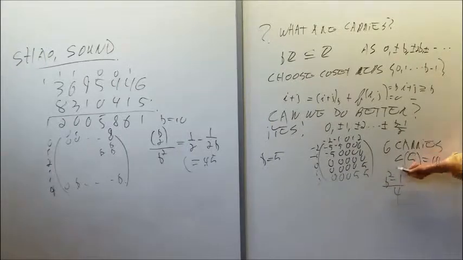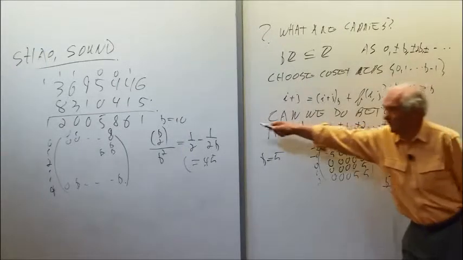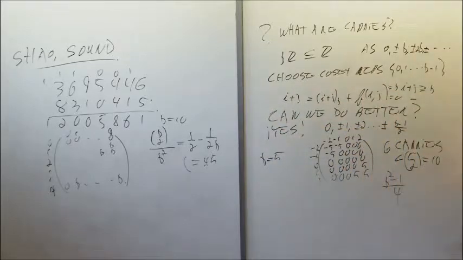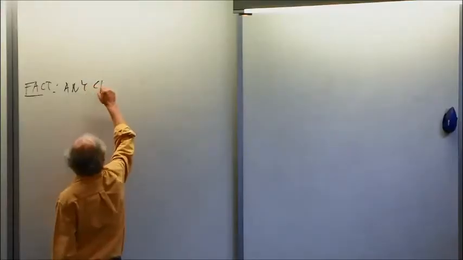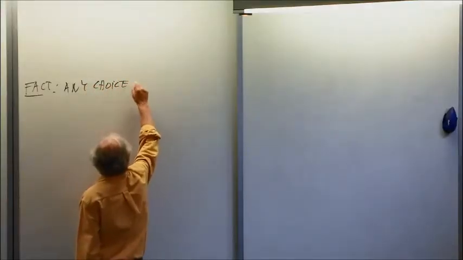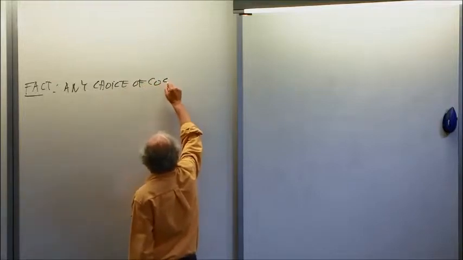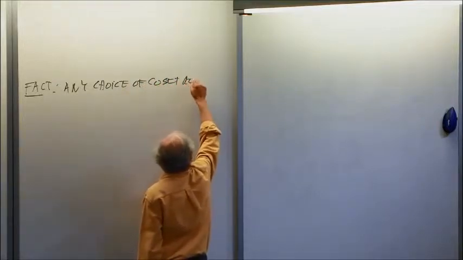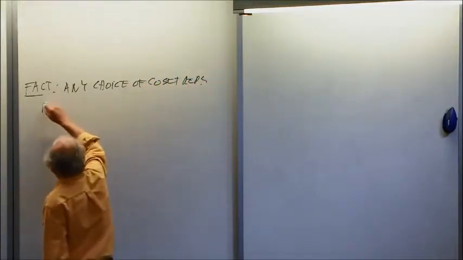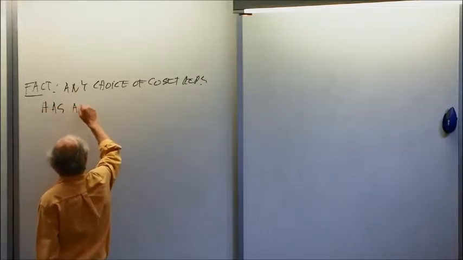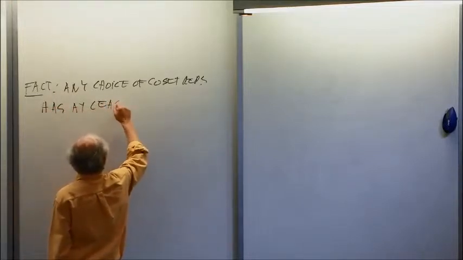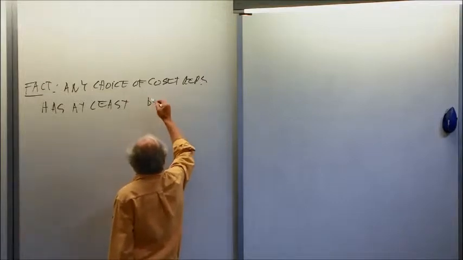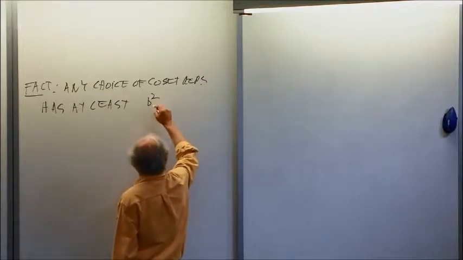And so that's about half of b choose 2. And that's the best you can do. Any choice of coset representatives has at least b squared over 4 carries, taking the floor.